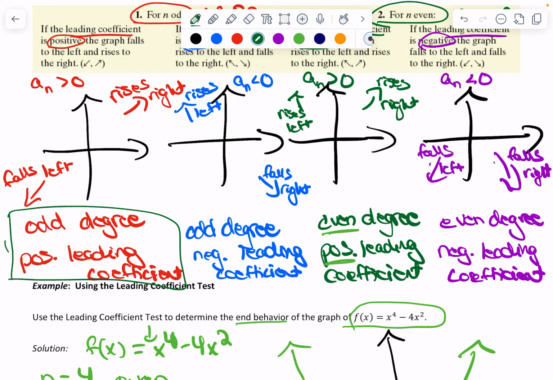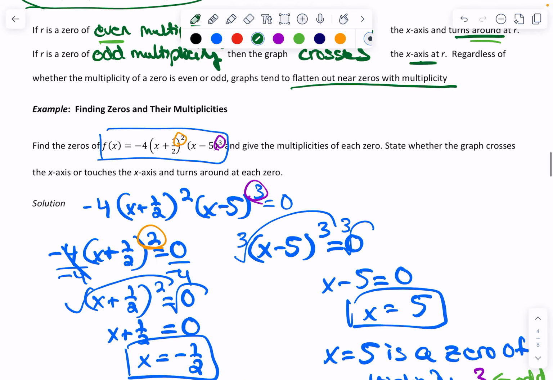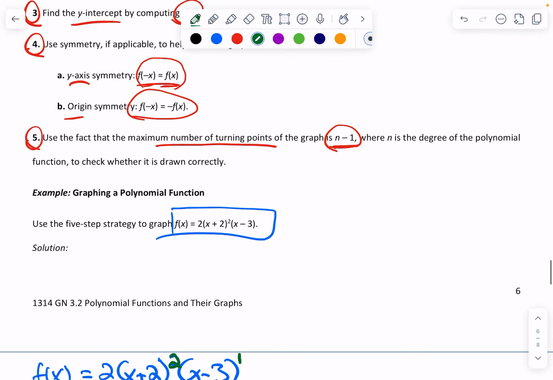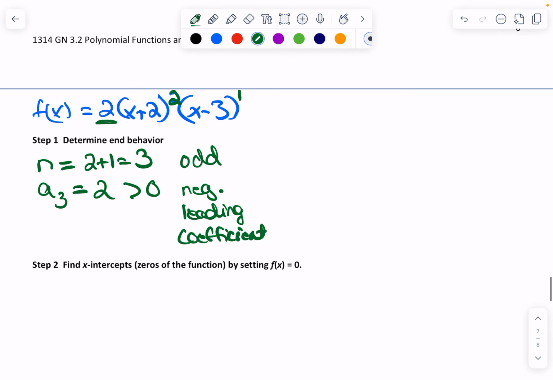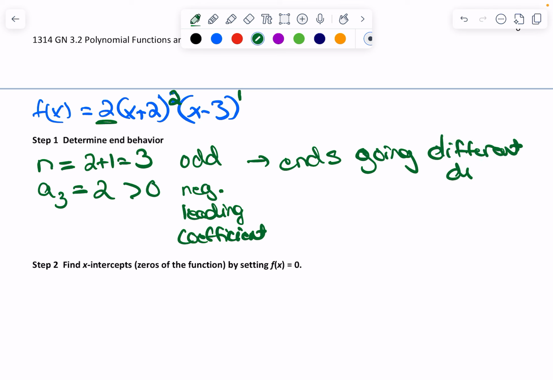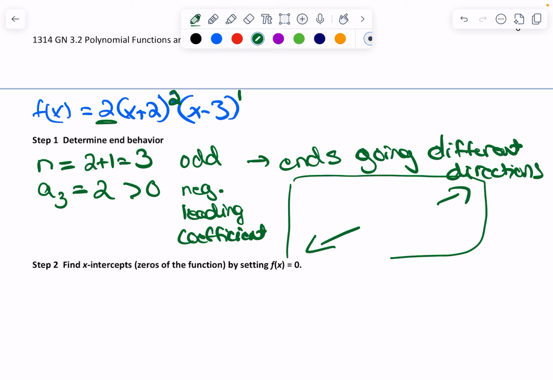So it falls left, rises right. Odd ends go in different directions, and there's our end behavior.